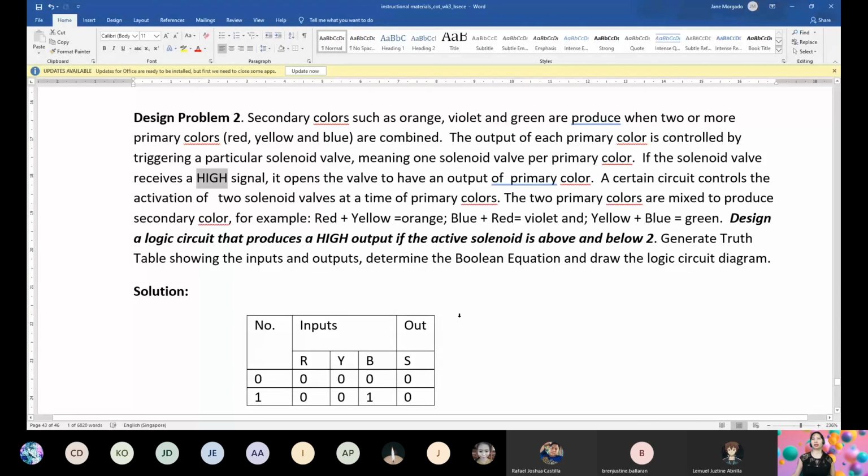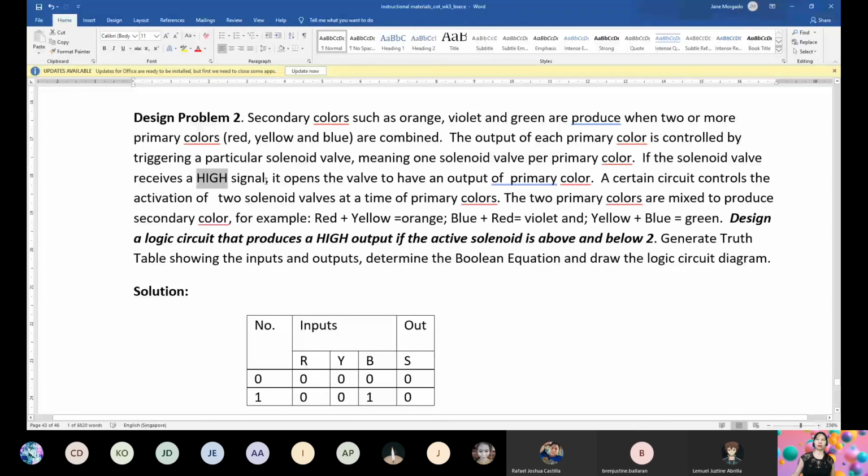When you say high signal, what is logic? 0 or 1? 1. When we say high, 1. Okay. If the solenoid valve receives a high signal, ano ibig sabihin to?